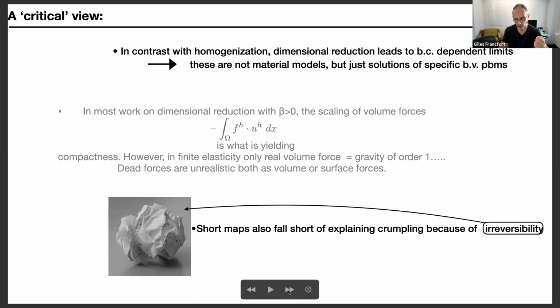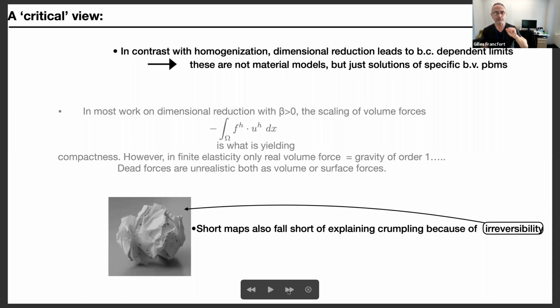But I would argue that from the standpoint of mathematicians going to mechanicians or to people in engineering and telling them, aha, you got the wrong model when you use this von Karman, because we've proved through gamma convergence and dimensional reduction that we obtain a different model, is a bit too much, because really we don't have performing models. We just have limit solutions of a bunch of boundary value problems which depend on a small parameter.